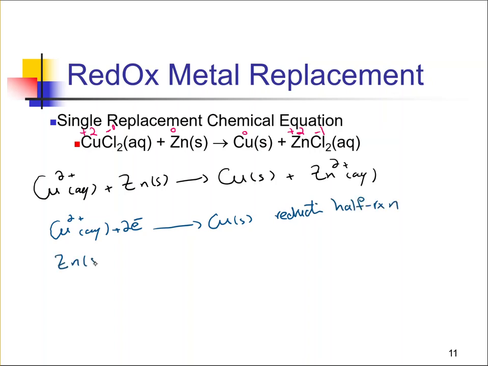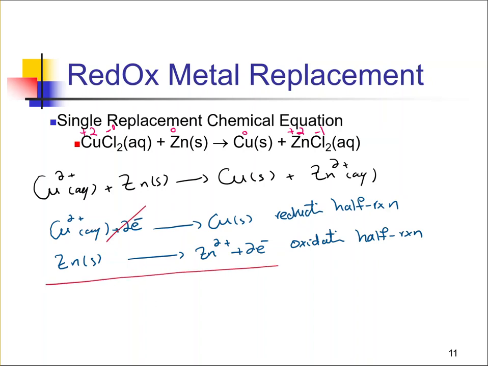And zinc is going from 0 to +2, meaning that zinc is losing electrons. So this is the oxidation half reaction. Now if we put this together, add them up together, we have copper 2 plus zinc, that gives us copper metal and zinc ion.